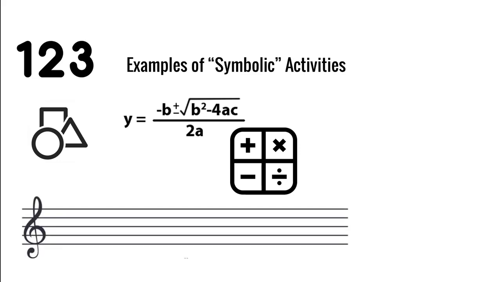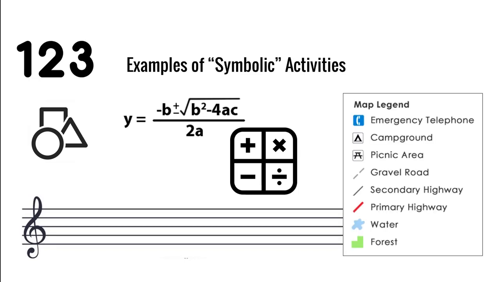If you're reading music as a musician and understanding what the symbols mean for music, that's another symbolic activity. If you're looking at a map and you see the legend and recognize that different symbols relate to different concepts, this is another kind of symbolic activity, and probably something that you've done quite a bit in your life if you've visited places or traveled around.